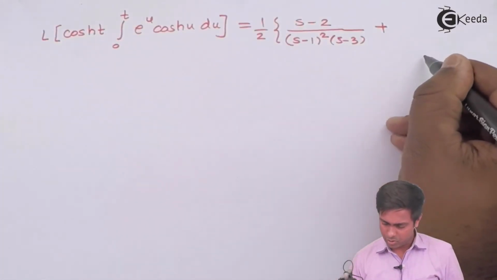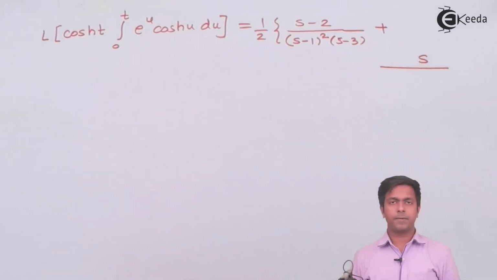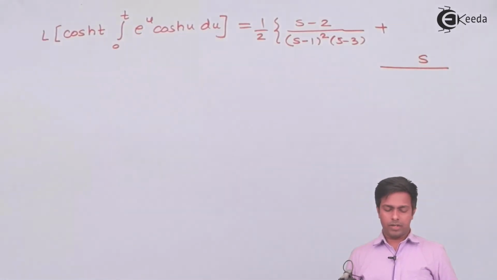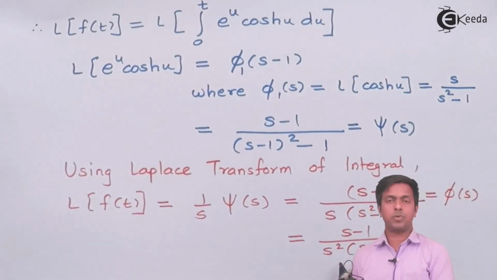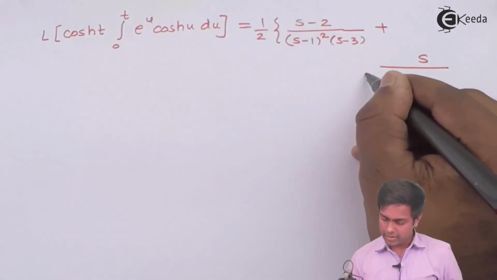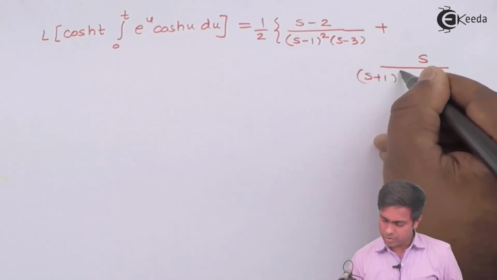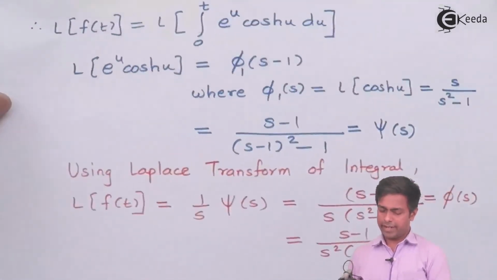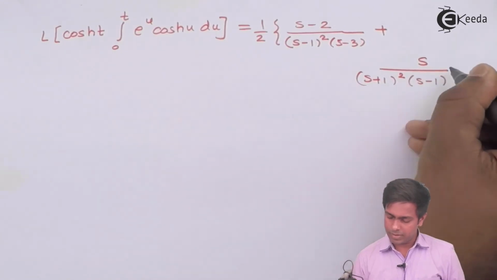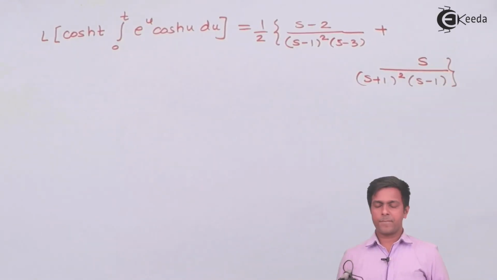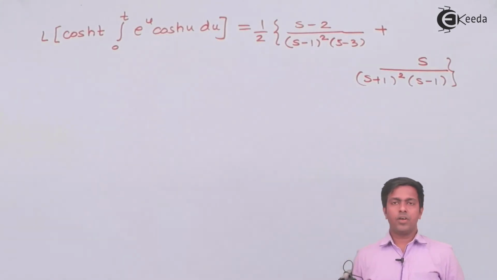So s upon, then we have s square, will replace s with s plus 1, so s plus 1 the whole square. Again s plus 1 minus 2 is s minus 1. So guys, here we got the value.